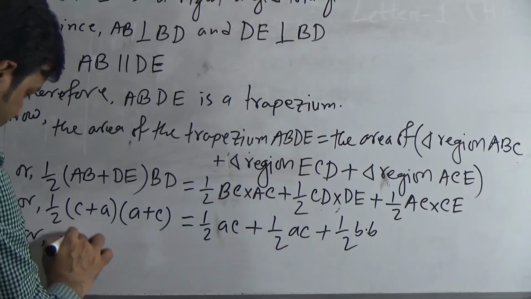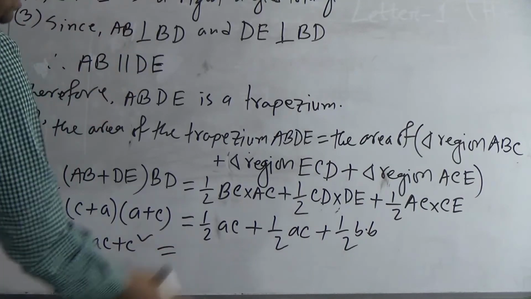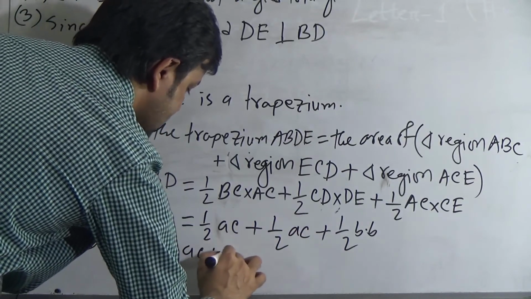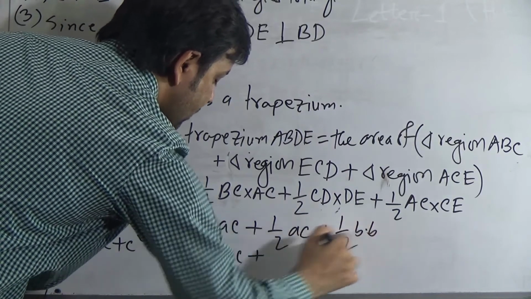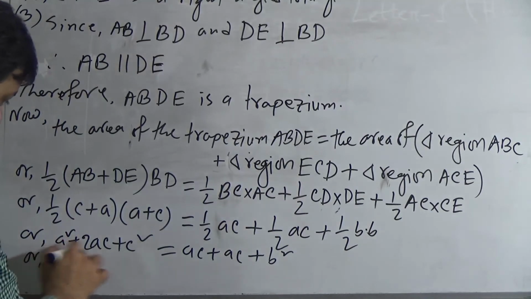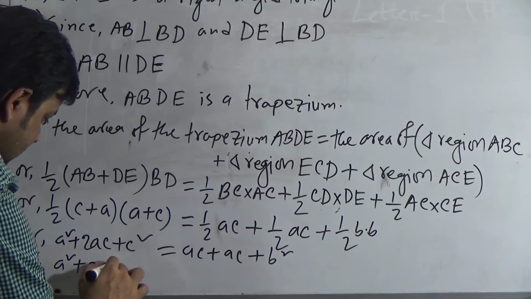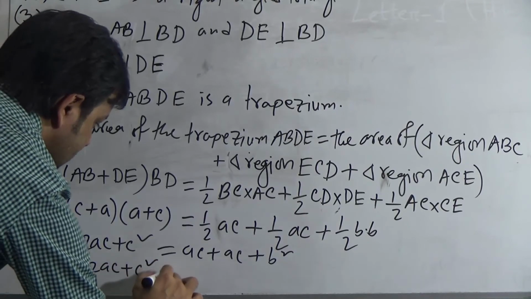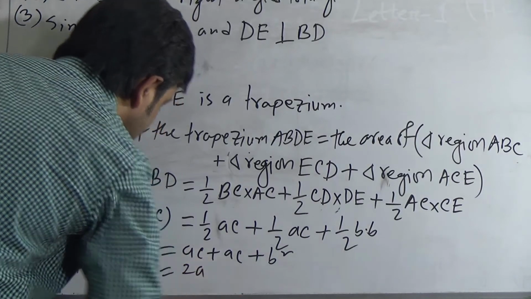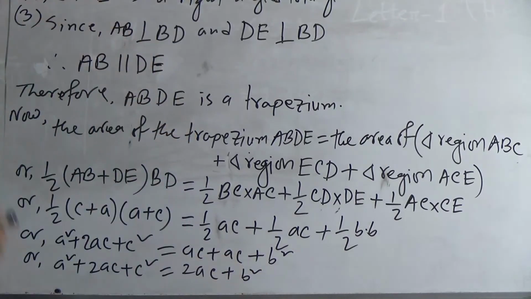It means A square plus 2AC plus C square is equal to AC plus AC plus B square. Now AC plus AC is 2AC.